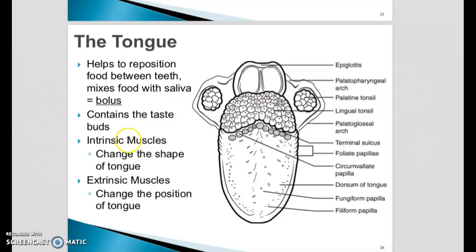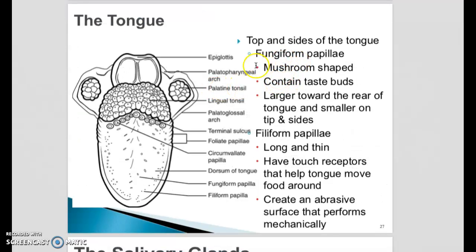It contains taste buds all around, and the intrinsic muscles, which change the shape of the tongue when you move it around while eating, and the extrinsic muscles, which change the position of your tongue, again making it easier for you to eat and to break down your food. Some parts of your tongue, like the fungiform papillae, are mushroom shaped and contain taste buds for tasting your food.